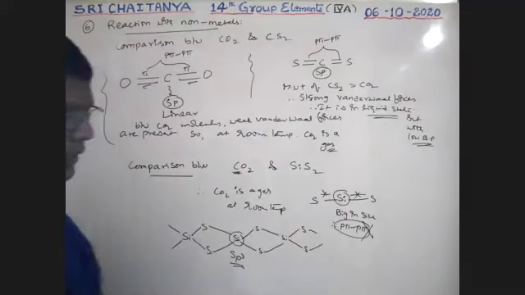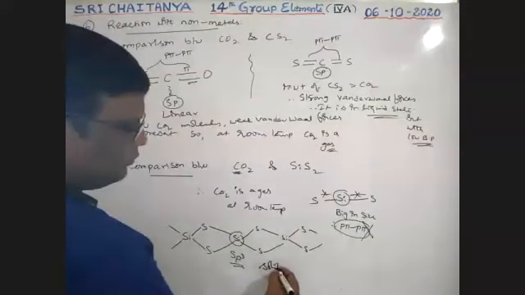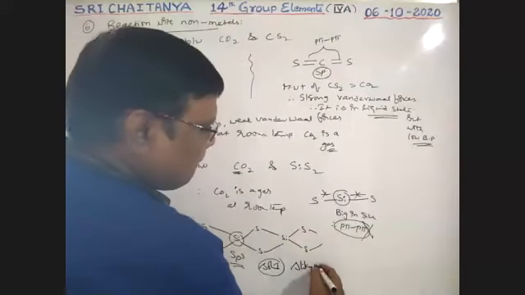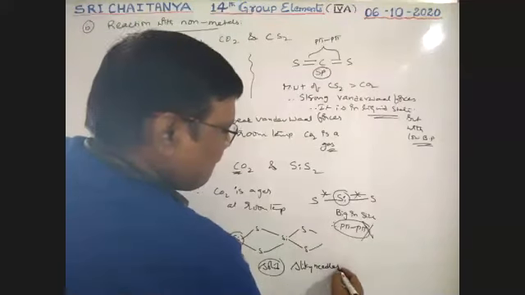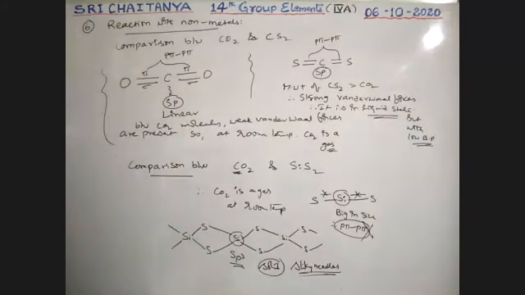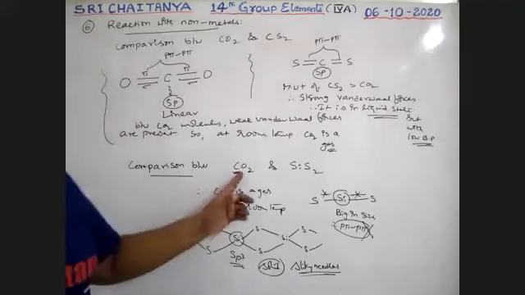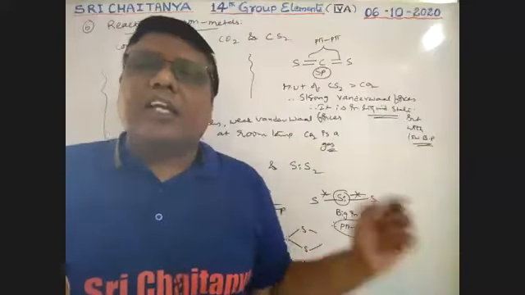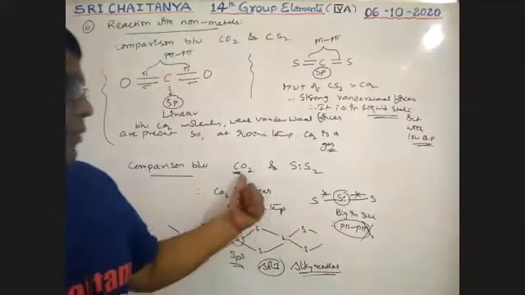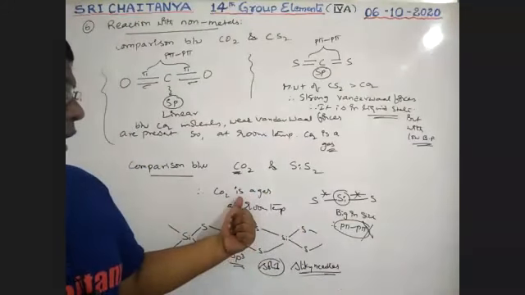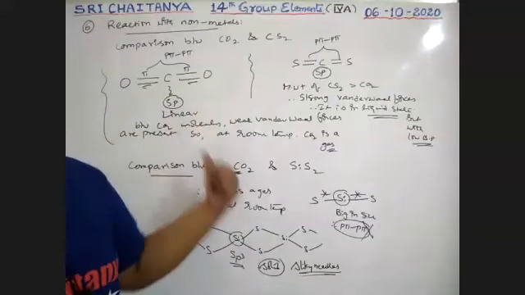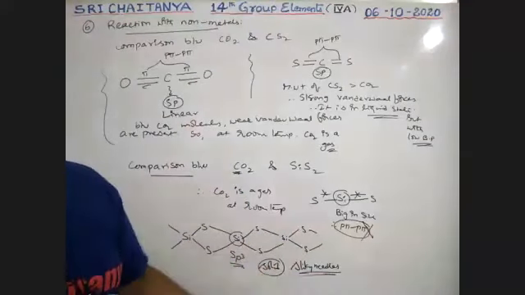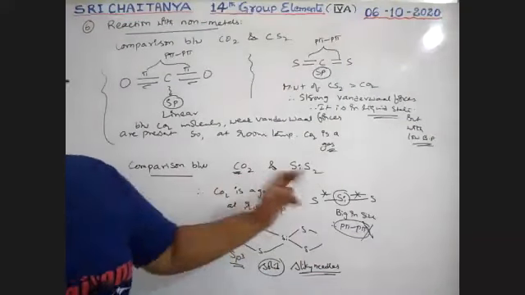Therefore, it is a solid, and silky needle crystals are possible. So CO2 is a gas and SiS2 is a solid with silky needle crystals. Carbon is in sp hybridization, silicon in sp3. So sp hybridization and gaseous state, sp3 hybridization and solid state. So this is about CO2 and SiS2.